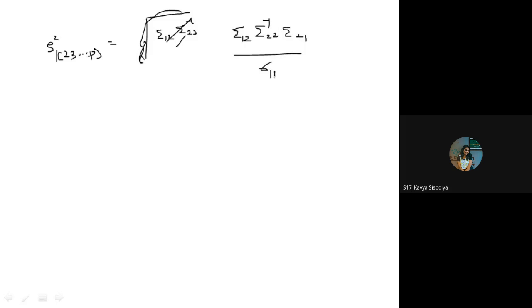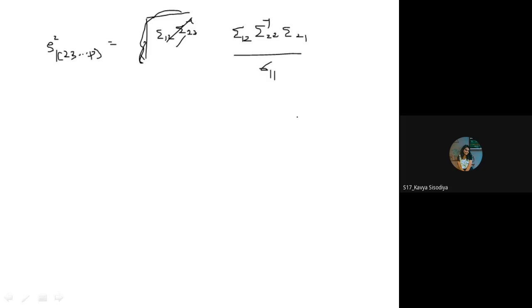What is the multiple correlation coefficient? Rho square, sorry, not partial, multiple correlation coefficient is given by, what is the formula? Sigma 12, sigma 22 inverse, sigma 21 by sigma 11.